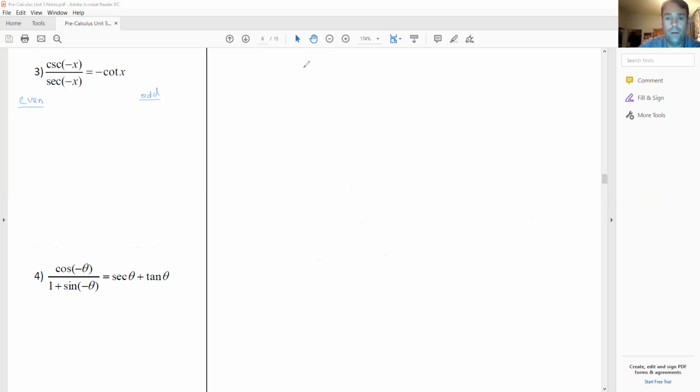And just as a reminder, even functions are those where f of x equals f of negative x. Odd is when f of negative x equals negative f of x.